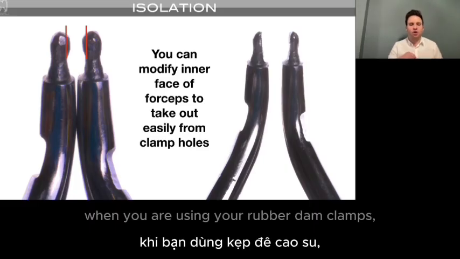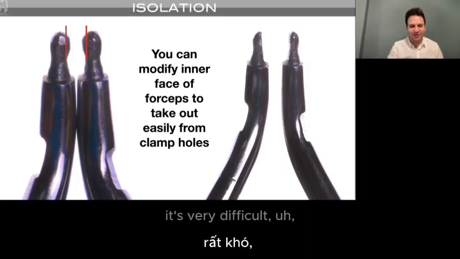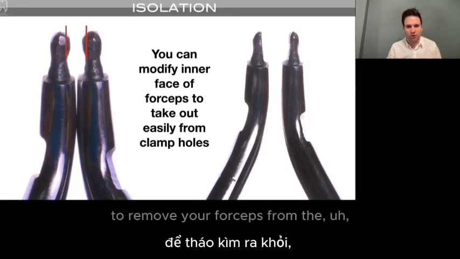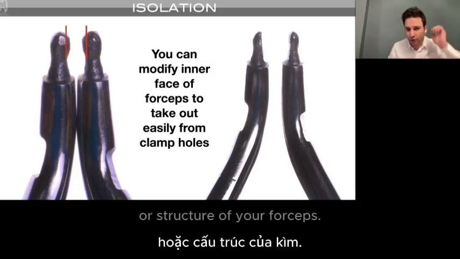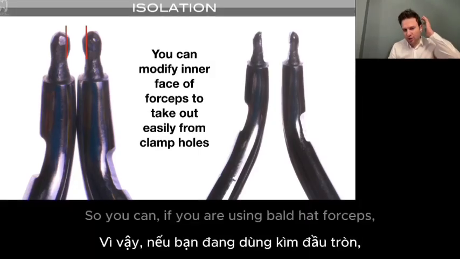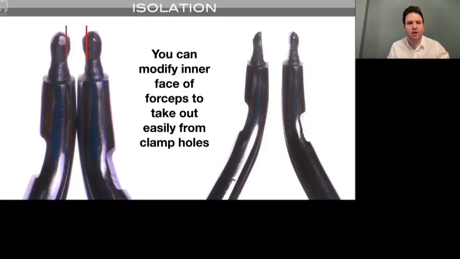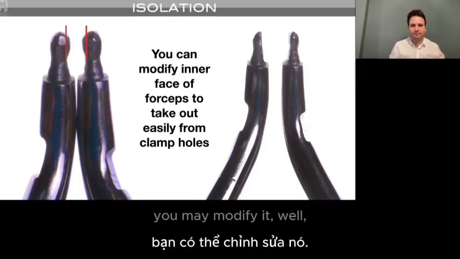When you are using your rubber dam clamps, it's very difficult to remove your forceps from the rubber dam clamp just because of the anatomy or structure of your forceps. So if you are using ball head forceps, you may modify it.